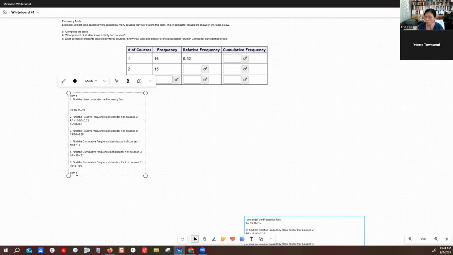Item B, what percent of students take exactly 2 courses? So you have to be careful, read the questions, right? You just wanted to know students who take exactly 2 courses only. So for 2 courses only, we have 15 students, right? And they want to know the percent. So you just divide by the total.